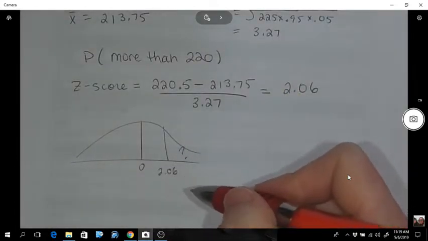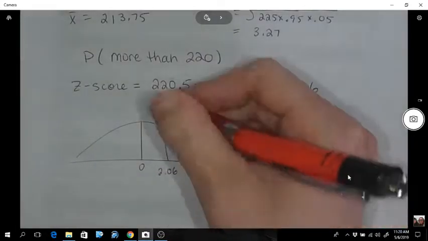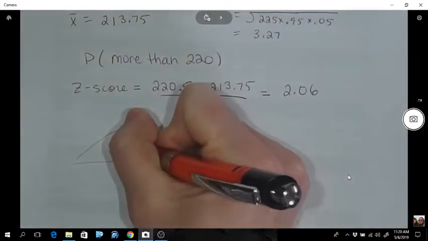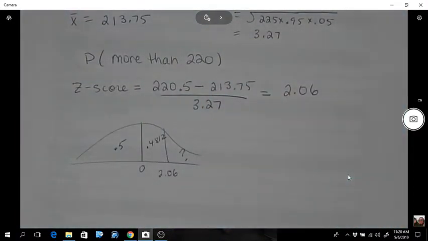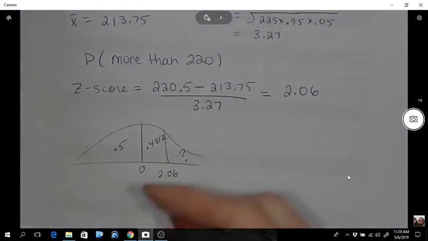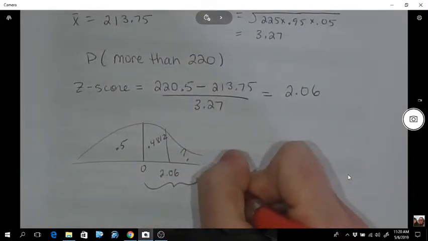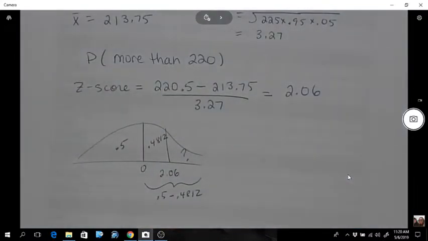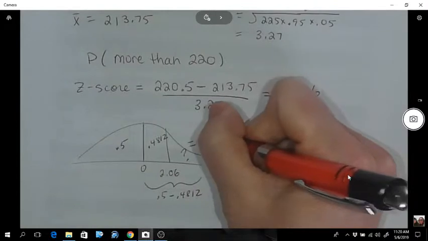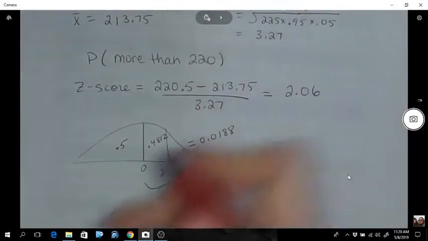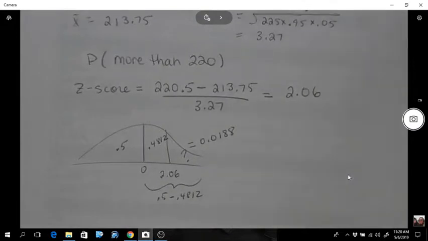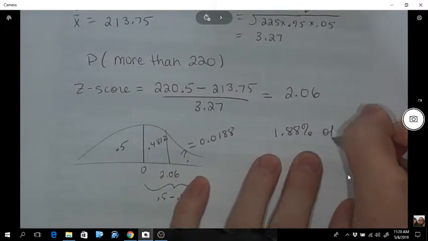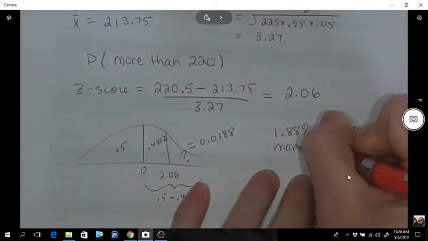Okay, and when we do that, we get 0.4812, or you could do 0.5 minus 0.4812, and you get 0.0188. Okay, so in this scenario, you would have a 1.88% chance of basically too many people.